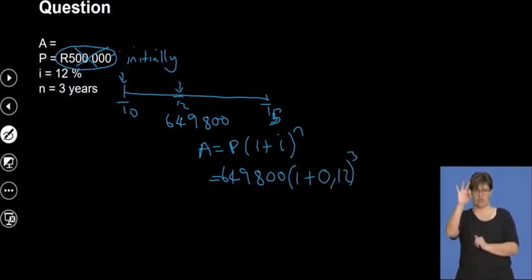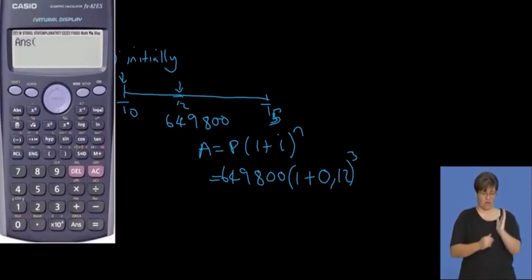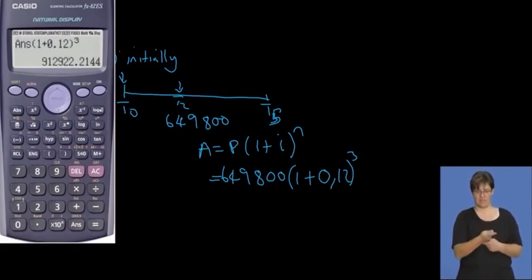After we calculate this, this will tell us how much Nceba will have at the end of his investment with the share market. So I will just say answer, open bracket, 1 plus 0.12 to the exponent of 3, and this will give me that amount. So it will be 912,922 rands.